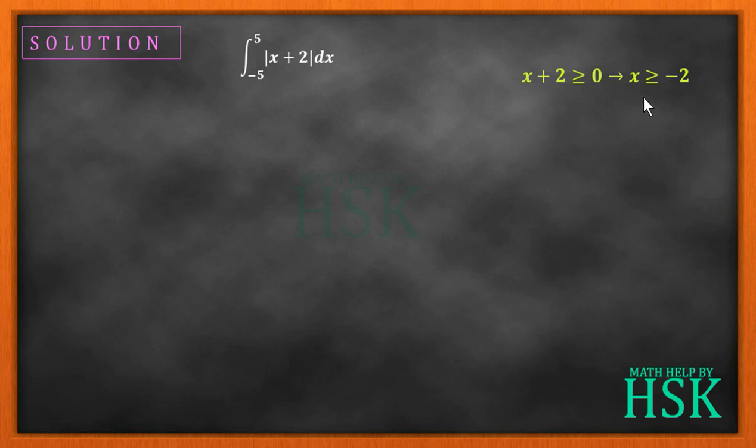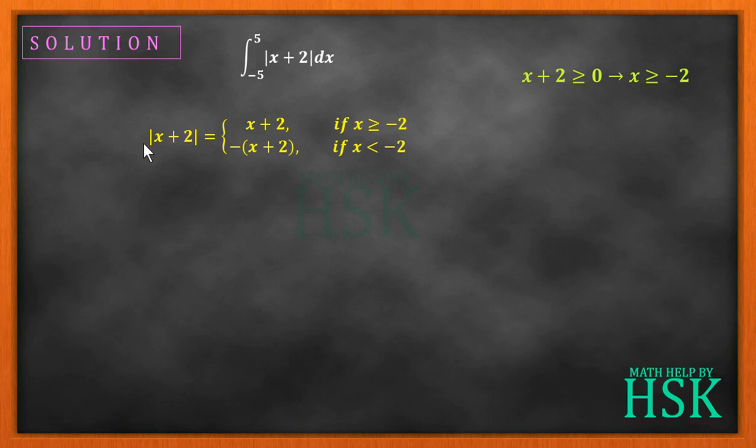So if x lies between -2 to infinity, it would be positive. Conversely, the value of x plus 2 will be negative for all the values which are less than -2. For example, if x is equal to -3, this value will become negative.